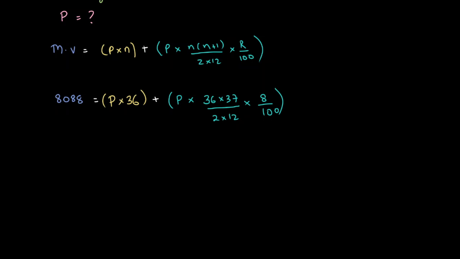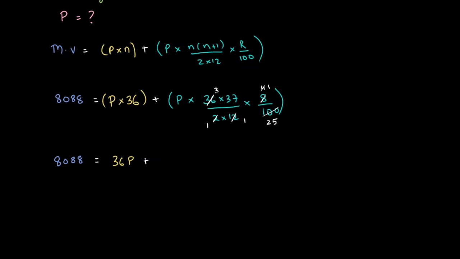So we have 8088 as it is. There's nothing to simplify on that side. Right, that is equal to P into 36. We'll just make it 36P, and the interest part. Now we need to simplify the interest a little so that we can write it down. What we've got here is 12, so 12 ones are, 12 threes are, right? 2 ones are, 2 fours are, 4 ones are, 4 25s are 100, right?